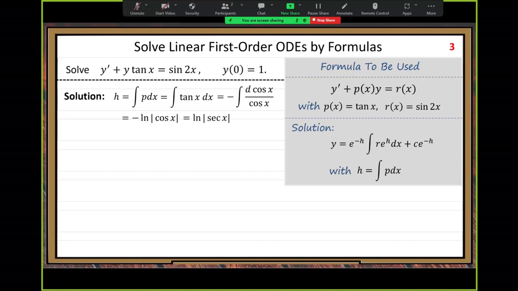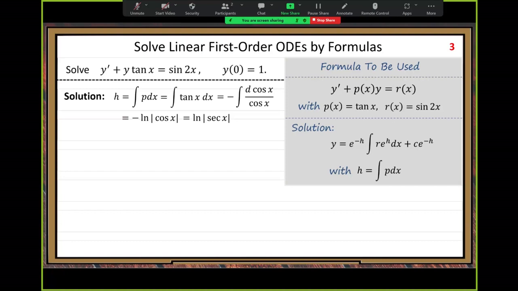Can you see this negative ln of the absolute value of cosine? I put this negative sign into the exponent position, and I get secant x. Secant x is 1 over cosine x by definition.